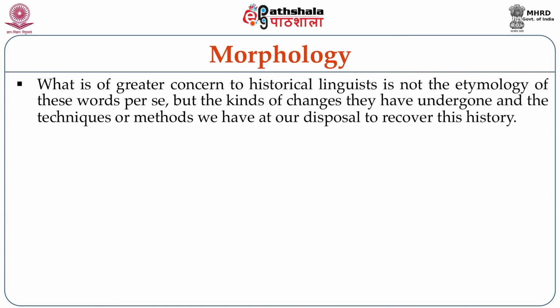What is of greater concern to historical linguists is not the etymology of these words per se, but the kinds of changes they have undergone and the techniques or methods we have at our disposal to recover this history.